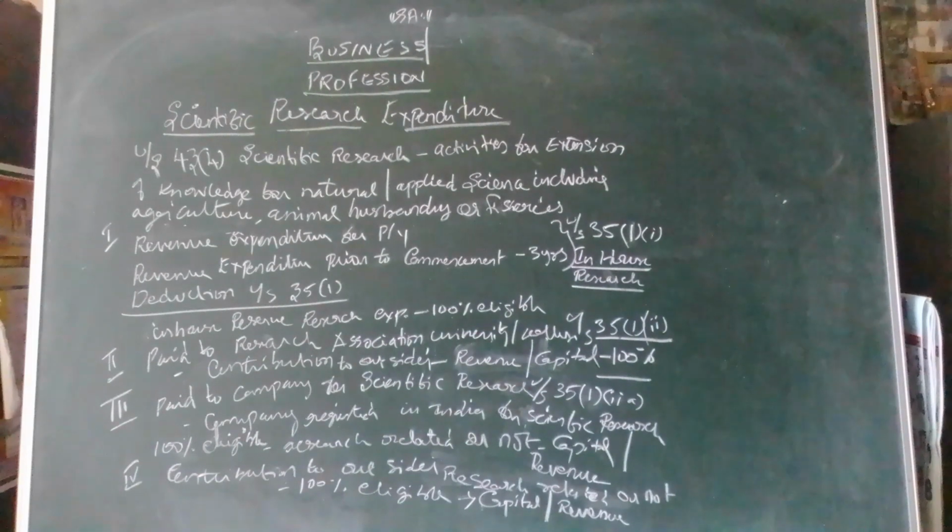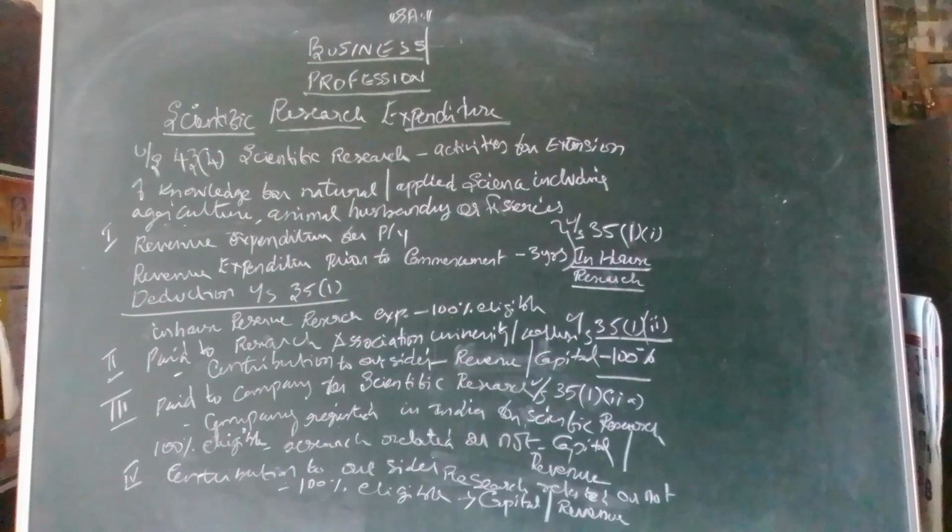And expenditure incurred before the commencement of the research is also eligible if it is incurred within 3 years prior to the commencement of the research, considered as pre-commencement research expenditure. That is taken under section 35.1.1, and that one is taken as in-house research.